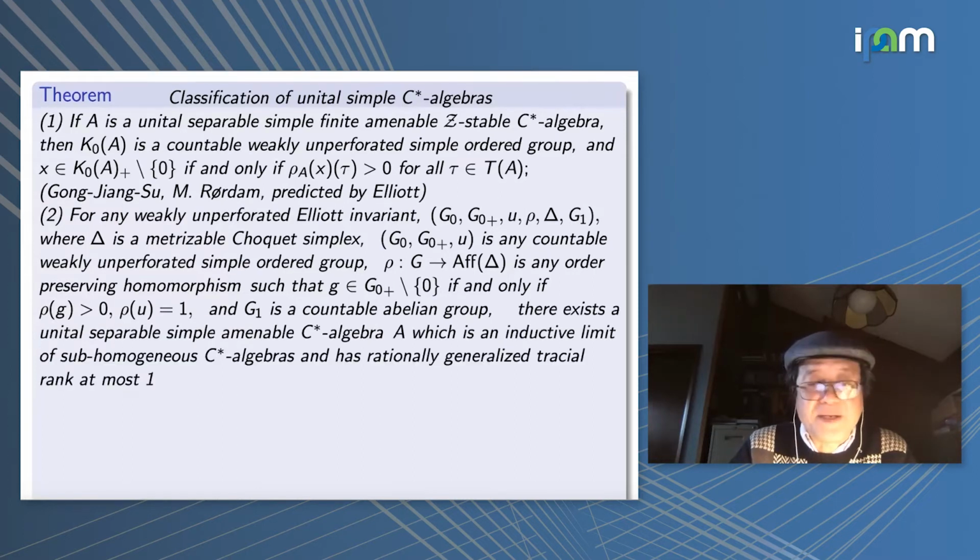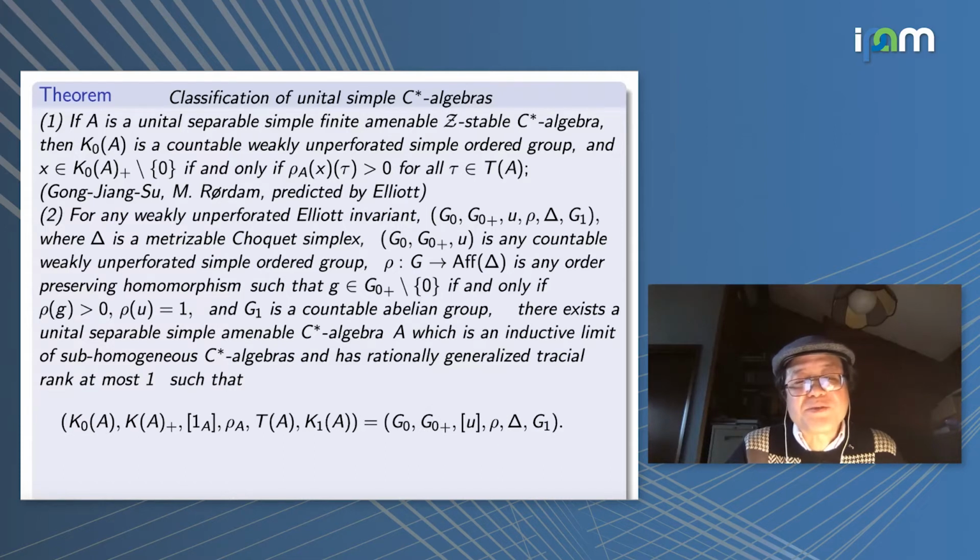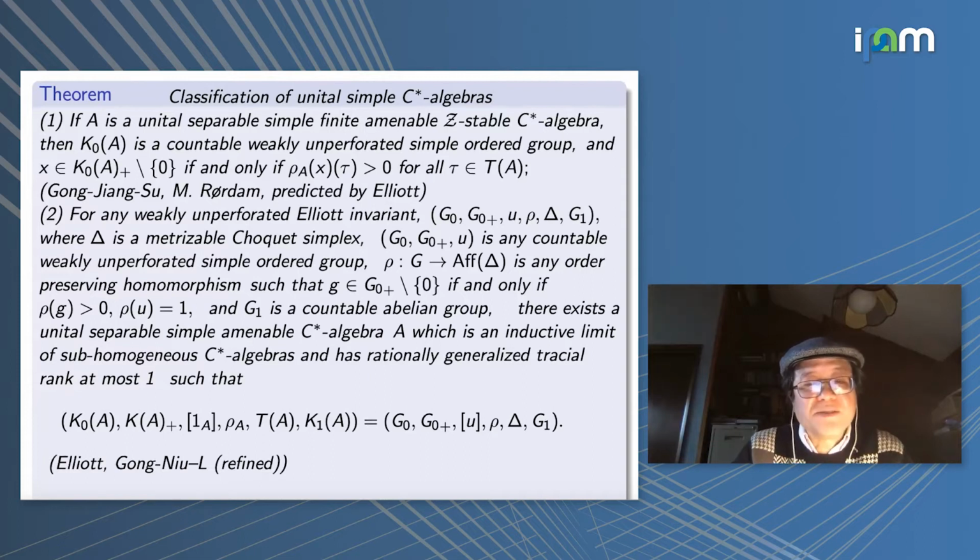Then there exists a unital separable simple C-star algebra A, which is an inductive limit of subhomogeneous C-star algebras and has, say, rationally generalized tracial rank at most 1, so that the Elliott invariant is precisely this one. This is the range theorem. The second part is due to Elliott, and we have some refinement of this.